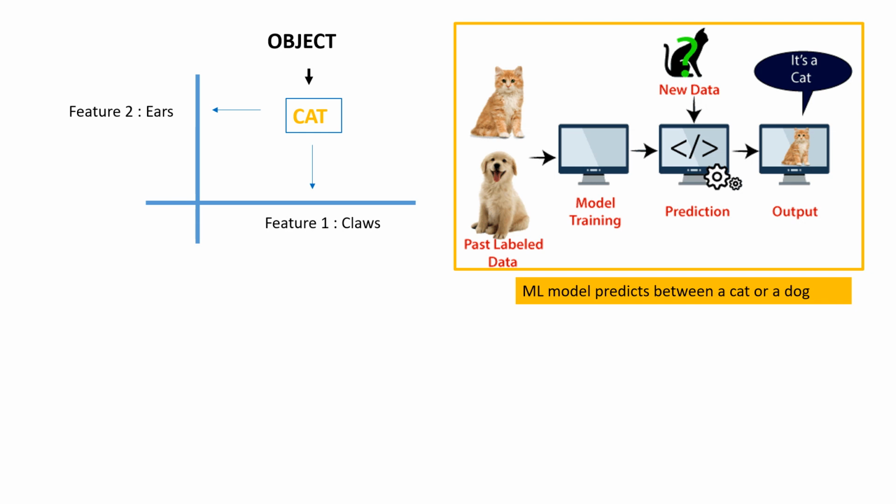But dogs have dull claws, big ears, and like to play a lot. Now, if a child looks at a dog or a cat, he or she can easily look at the features of an animal and predict the output.